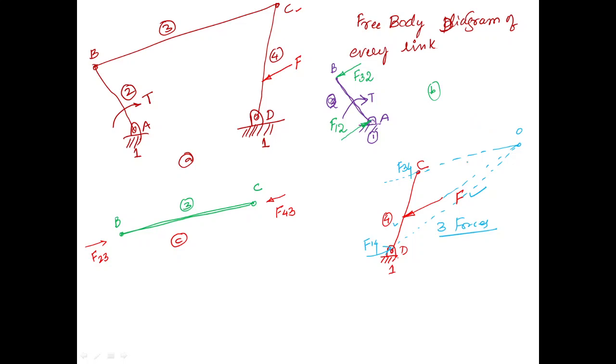If you get a point of concurrency for the forces, then only the member is under equilibrium state, otherwise it is not going to get into equilibrium state. Clear?